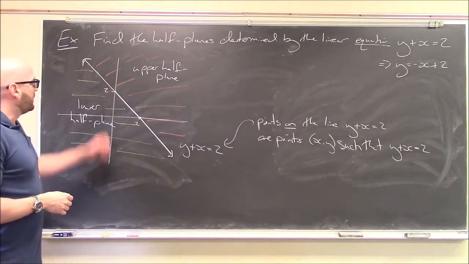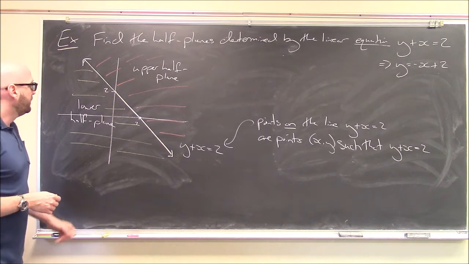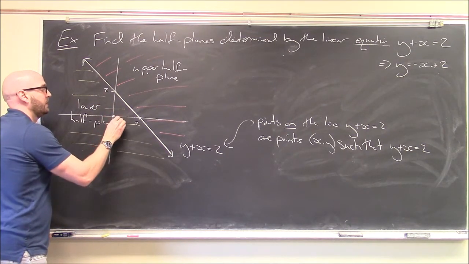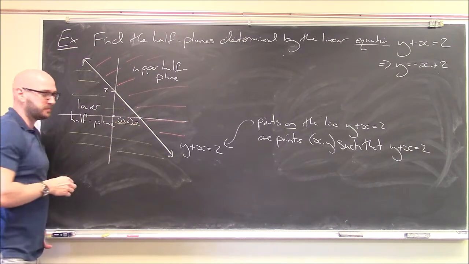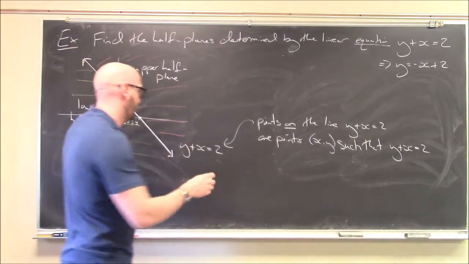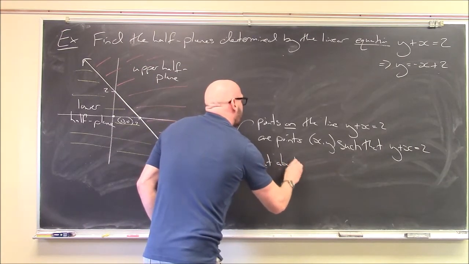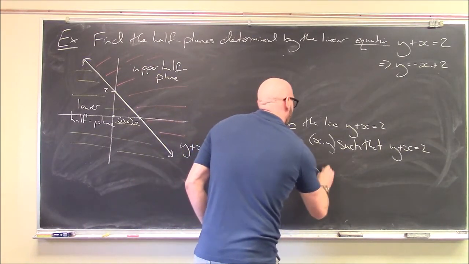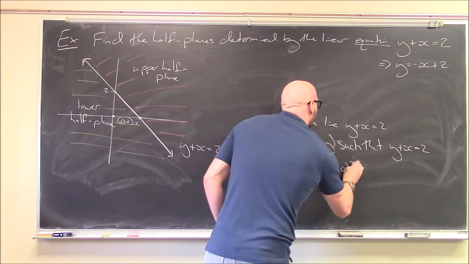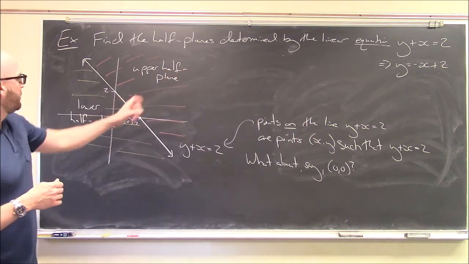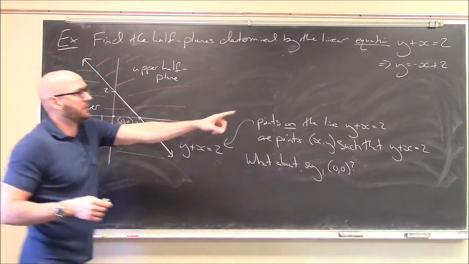But what if you're not on the line? How about I take, for example, the origin, 0, 0? Well, what if I plug in the coordinate 0, 0 into this equation?